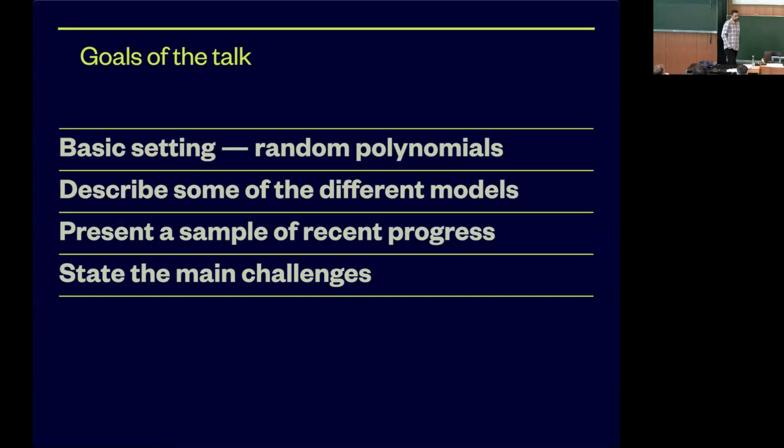I want to present the setting that I will be interested about and describe some of the different models that get attention in recent years. And there was really interesting progress in all kinds of directions, so I want to present some of the results that I find nice and maybe state some challenges that are ahead. Okay? And to finish on time. I forgot to write it.